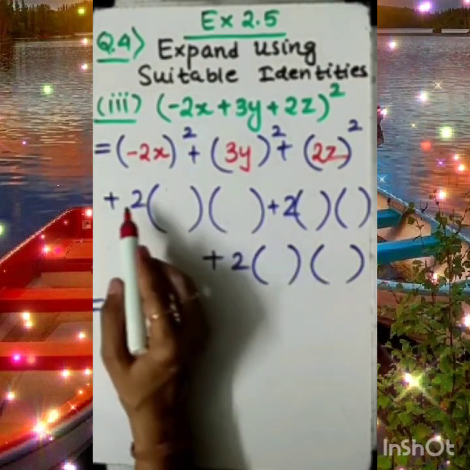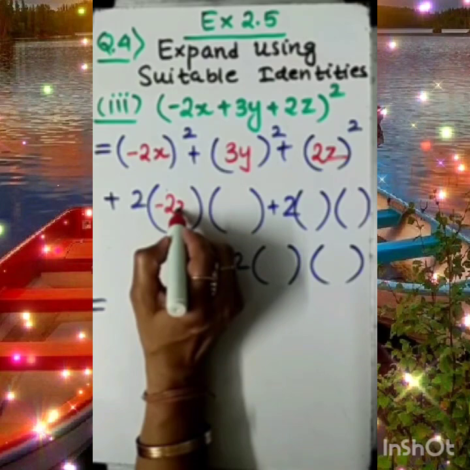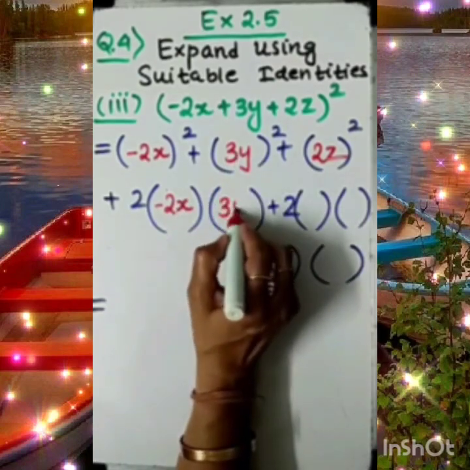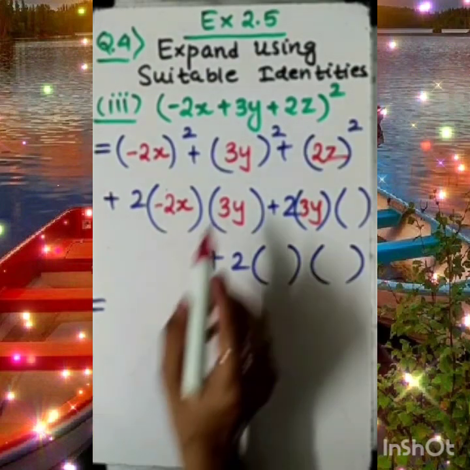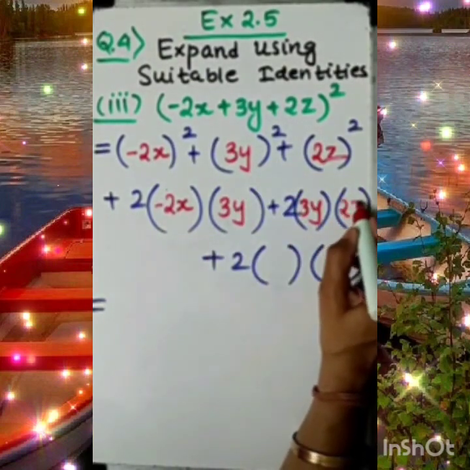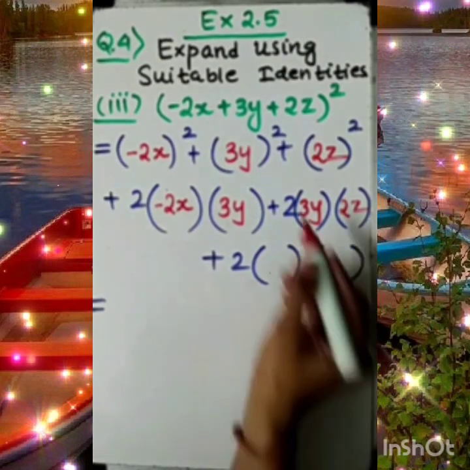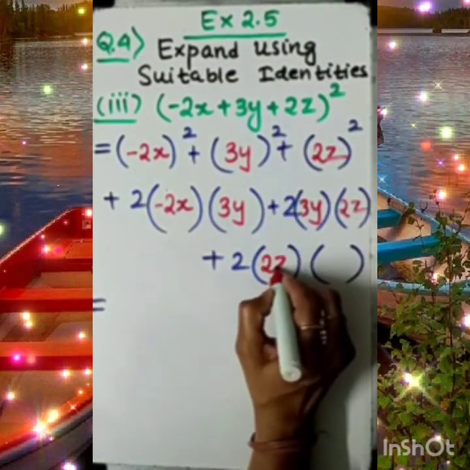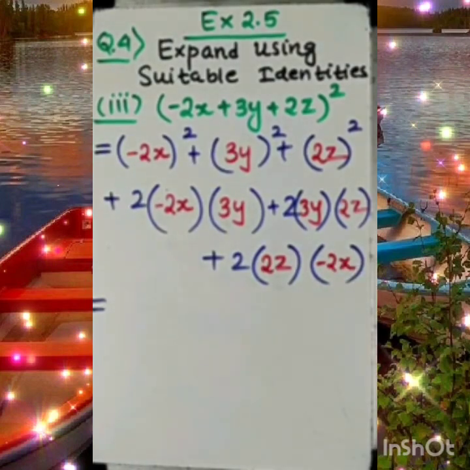Now as we know, plus 2 into first and second. First term is minus 2x, second term is 3y. Here second and third: second is 3y, third term is 2z. Simple. Here third term and first term: third term is 2z, first term is minus 2x. Simple. That is complete.